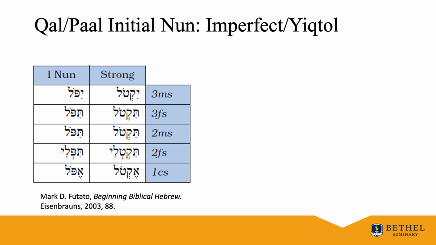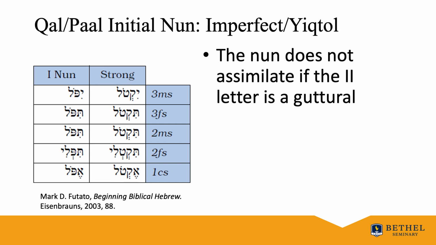There's an exception to this rule. Remember about guttural letters? There's one rule about guttural letters that applies in our instance. That is, the guttural rejects the dagesh forte. So, in verbs where the second radical letter is a guttural and it's a first nun verb, the nun cannot assimilate into the second radical letter because the guttural letter will reject doubling. In these instances, it is important to note that the nun stays.